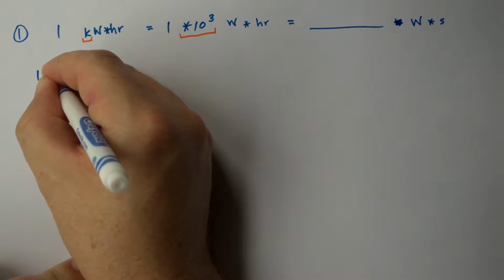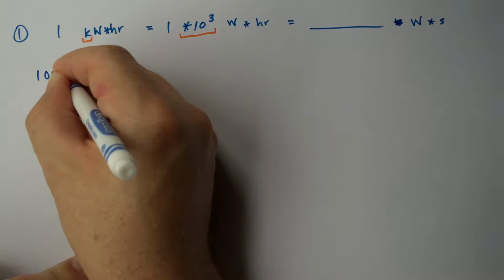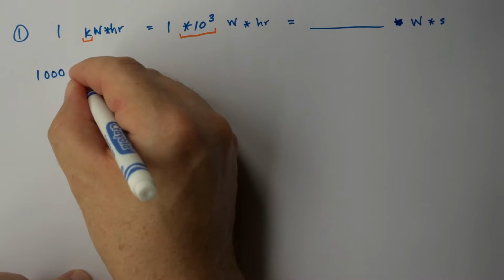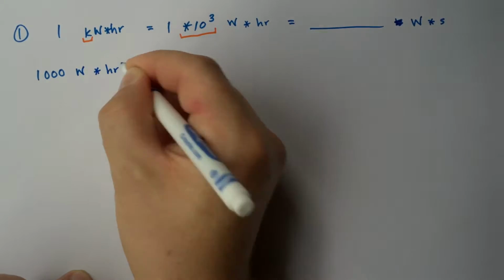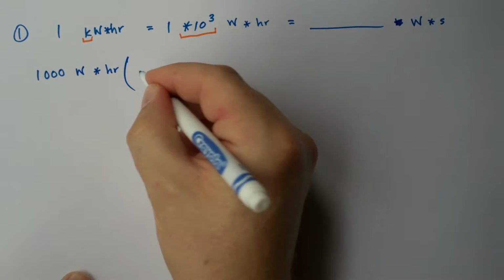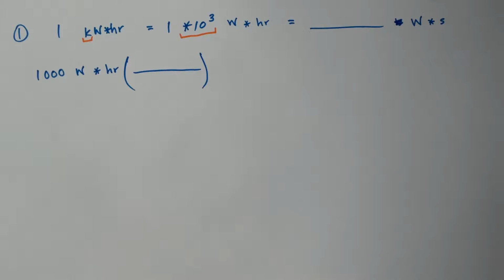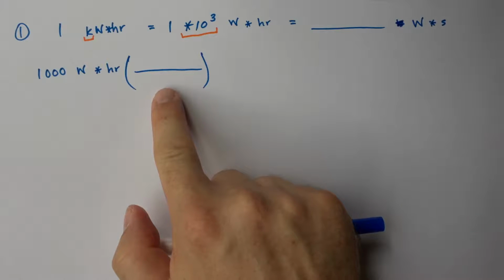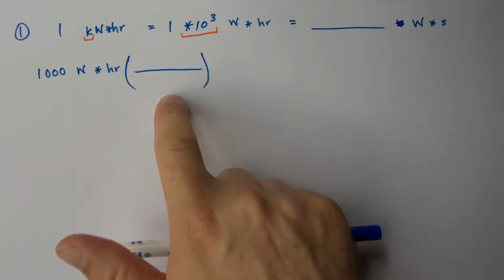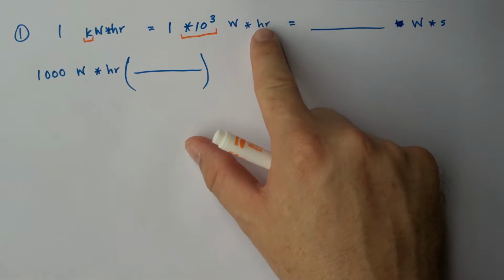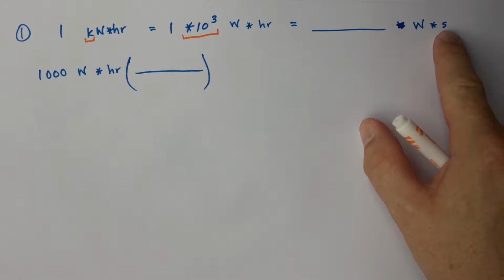So 1 times 10 to the third, that is 1,000, or I can leave it 1 times 10 to the third watts times hours. And I'm going to convert this by using the well-chosen 1 method, where I multiply it by a fraction that's equal to 1 because the numerator and the denominator are equal. And I want that fraction to cancel out hours. You see, I want to cancel hours and I want to get into seconds.